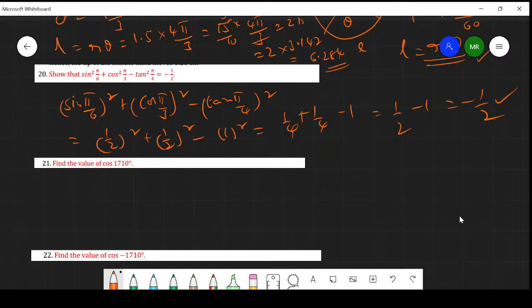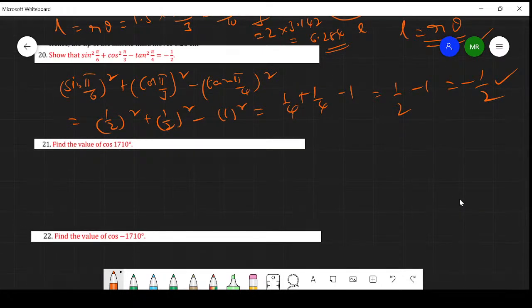Now the 21st. Find the value of cos 1710 degrees. 1710 degrees, I can write as 5 into 360 minus 90, because 5 into 360 is 1800, and 1800 minus 90 degrees gives 1710 degrees.